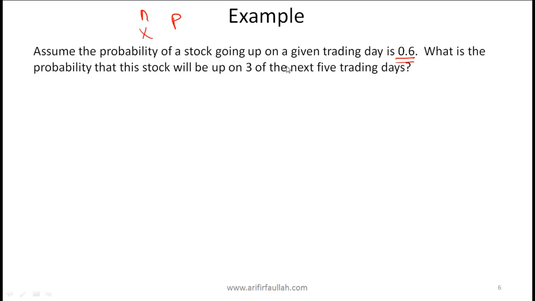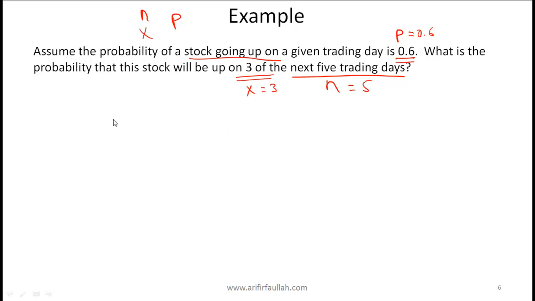Since we are talking about the next 5 trading days, n is equal to 5. Success is defined as a stock going up, and that probability is 0.6, so p is equal to 0.6. The probability that the stock will be up on 3 of the next 5 days means x is equal to 3.